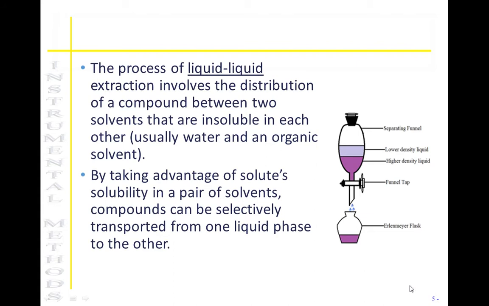In the liquid-liquid process of extraction, this involves the distribution of the compound between two different liquids, one which is usually water and the other which is usually an organic solvent. By taking advantage of the sample's solubility, you can selectively transport that sample from one liquid phase to another.